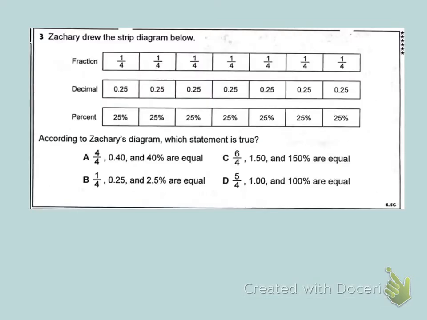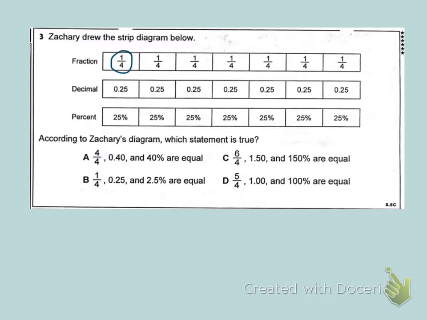And then number 3 says Zachary drew the strip diagram below, and according to Zachary's diagram, which statement is true? So this is knowing the difference between fractions, decimals, and percents. So if we have 1/4, what is that as a decimal? It is 0.25. So think about it in a money sense.